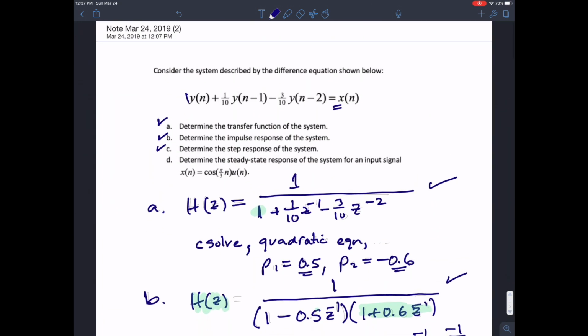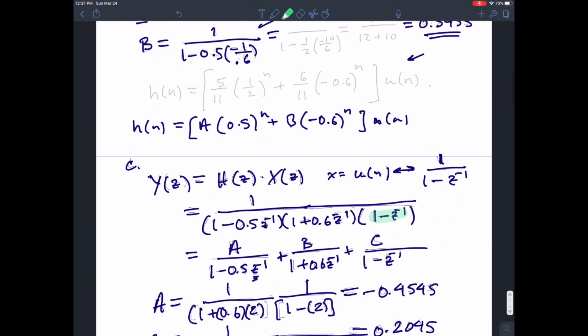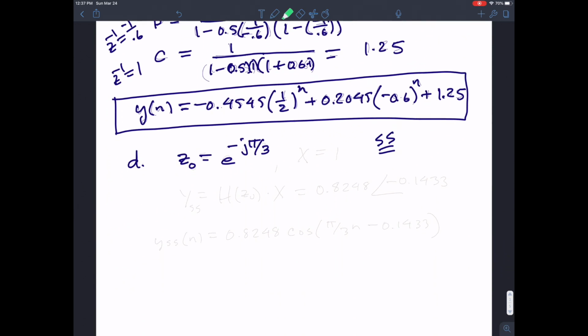Go back up to the problem statement. That's the frequency of the input signal x of n. The magnitude of x was 1, so cap X is 1. And what we then look at is this complex number, y steady state. That's going to be H times z naught.